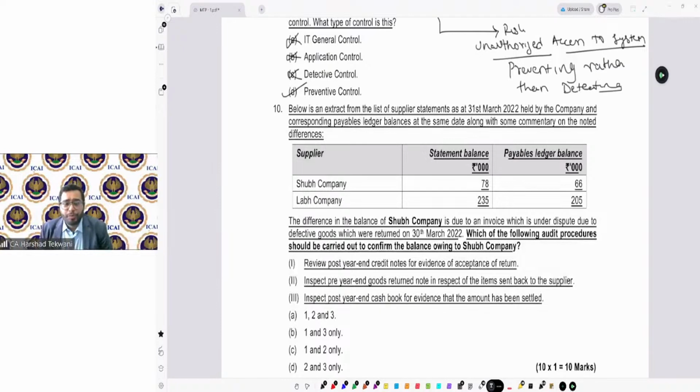So what audit procedures should be carried out? The difference in the balance is due to an invoice which is under dispute, due to defective goods which were returned on 31st March 2022. What procedures will you perform to validate the balance of ship company?